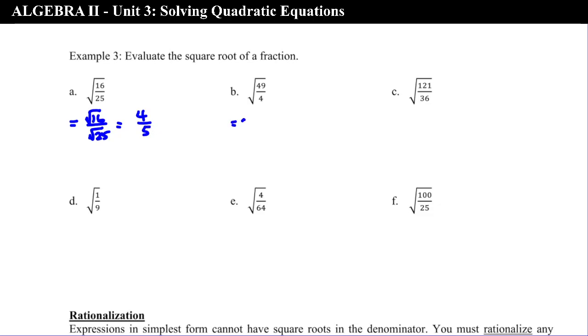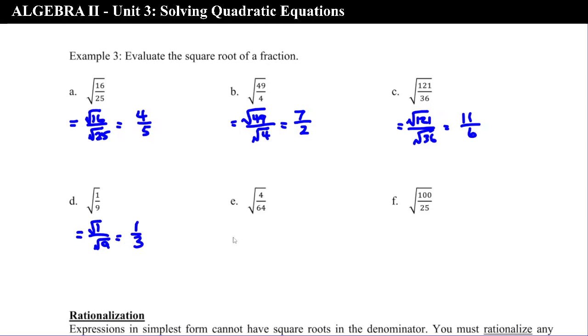For b, we have the square root of 49 over the square root of 4. Well, that gives us 7/2. For c, we have the square root of 121 divided by the square root of 36, which becomes 11/6. Then we get over here to the square root of 1 over the square root of 9. That gives us 1/3.